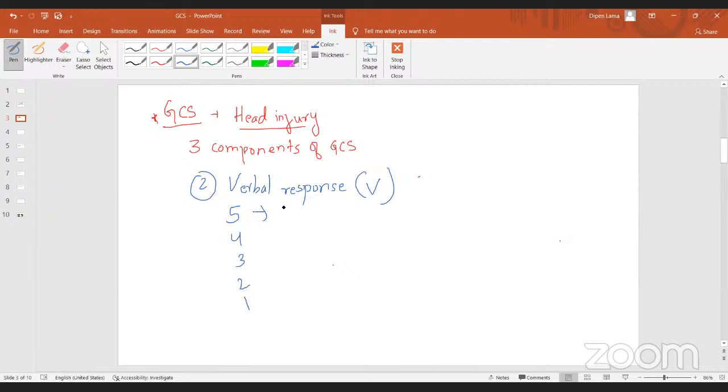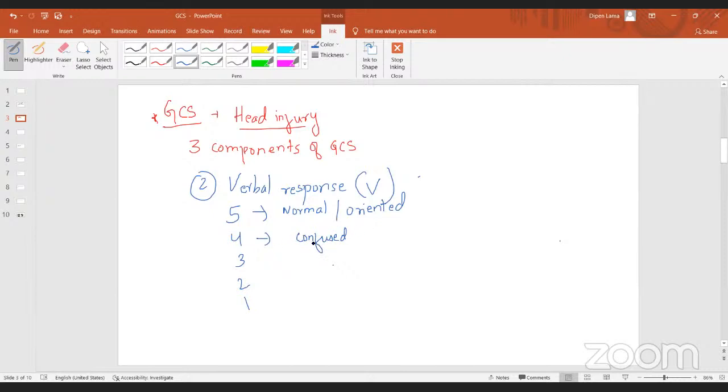V5 is normal or oriented verbal response. He or she can give normal conversation. He or she can have normal or oriented conversation. Then we give the score 5. V5. For V4, it is confused.